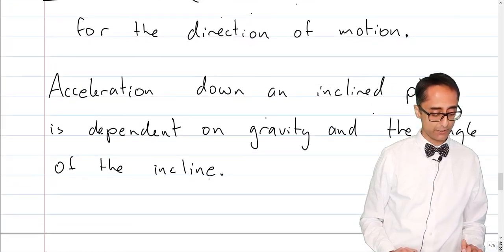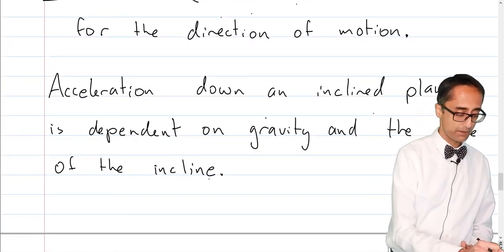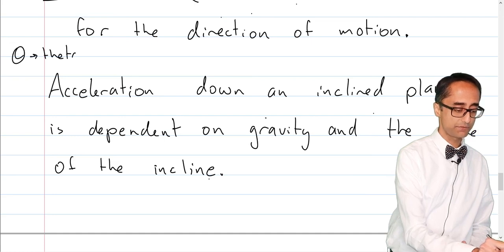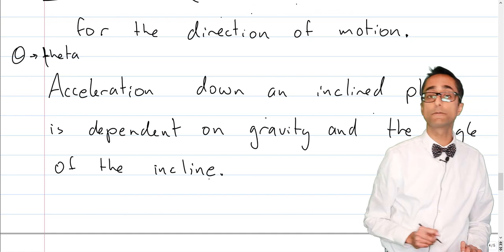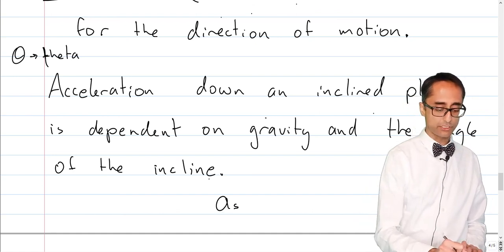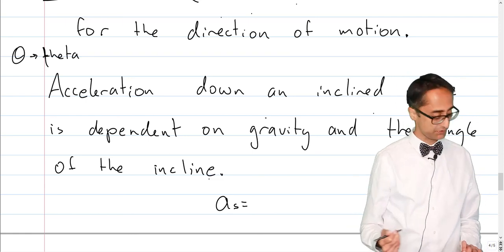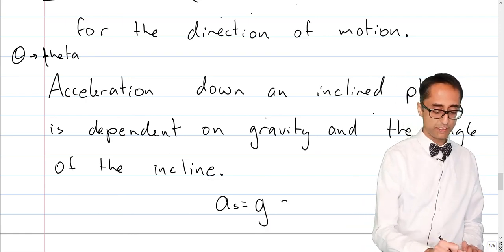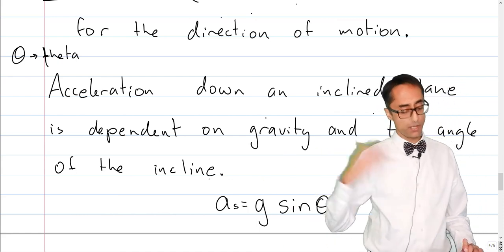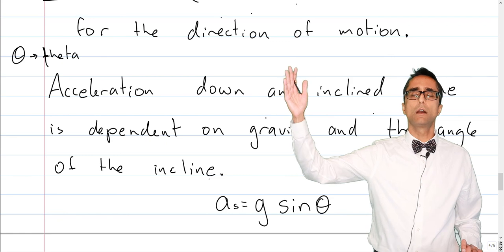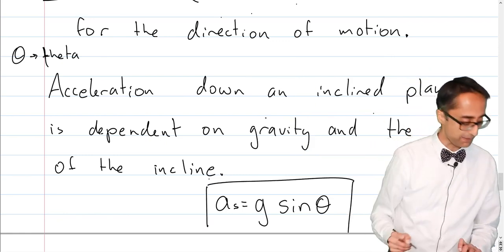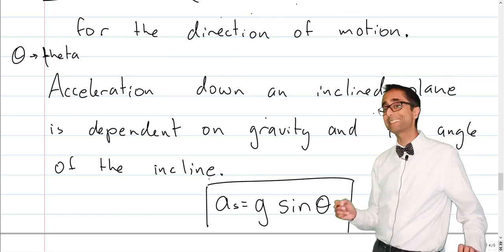It is the Greek letter theta. Let's write it over here on the side. That is theta. It's used very often as a stand-in for some kind of an angle. And our acceleration, at least the magnitude of our acceleration, is g sine of theta. And if we had down the ramp as positive, that would be a positive value. If up the ramp was positive, that would be positive. And that's it. We've got a is equal to g sine theta.